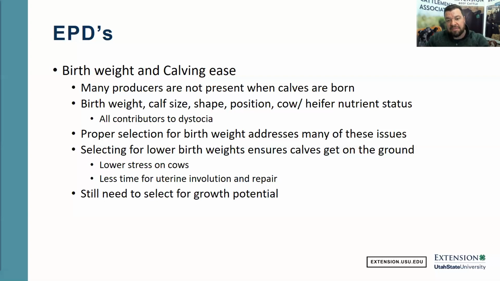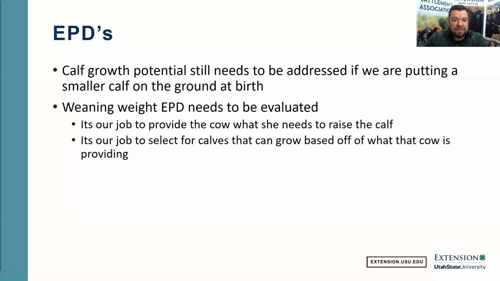But being that the case, remember we talked a lot about multiple trait selection. So if we're going to get a smaller calf on the ground, we still need to select for growth potential if we're a cow-calf producer. Now, being that we are putting that calf down, we still need to look at all the other traits that are going to make that calf marketable or compatible with our system. That weaning weight EPD is a big one.